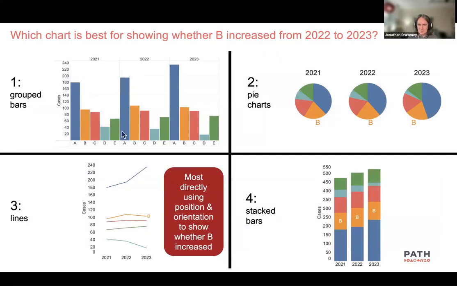Going back to this, the line chart is the one that most directly uses position and orientation to show whether B went up or down. In the rest of these, position is being used to position B in different places, and it's length that's being used for B. And then we have essentially shape and area being used for B over here. That's why the line chart is best for this particular question.